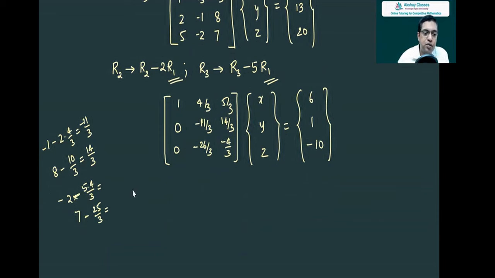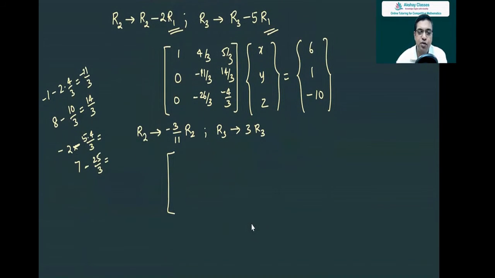Okay. So do this. R2, you multiply by minus 3 by 11. R2 and R3, let us multiply only with 3 and see. Okay. Later we will do the change. We just want to simplify our calculations.